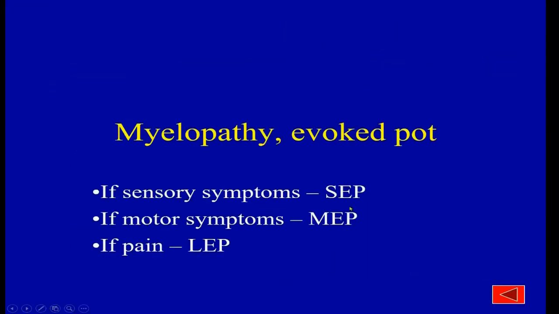And if we have sensory symptoms, we can further study that with SEP, so normal neurography and abnormal SEP is sensory myelopathy. If we have motor symptoms, we can do the magnetic stimulation, cortical stimulation, and get the MEP.